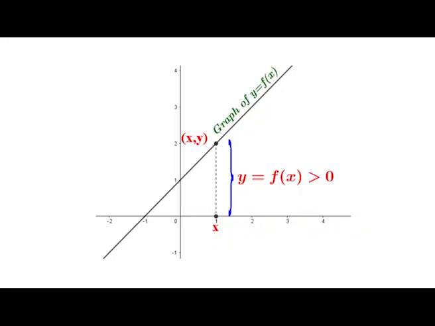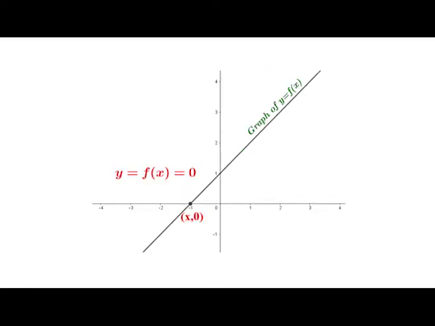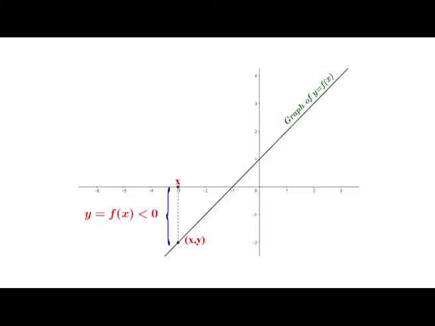On the graph y equal to f of x, if f of x is greater than 0, the point (x, y) lies at a height f of x above the point x. If f of x equal to 0, the corresponding point is (x, 0) which lies on the x axis. If f of x is less than 0, the point (x, y) lies below the point x.